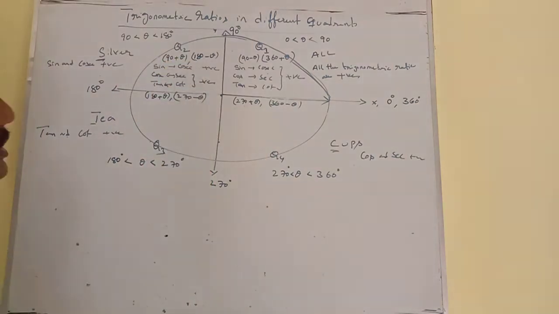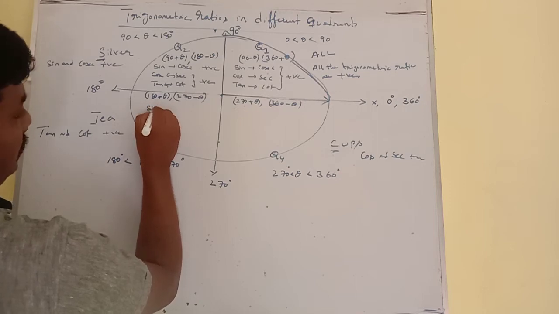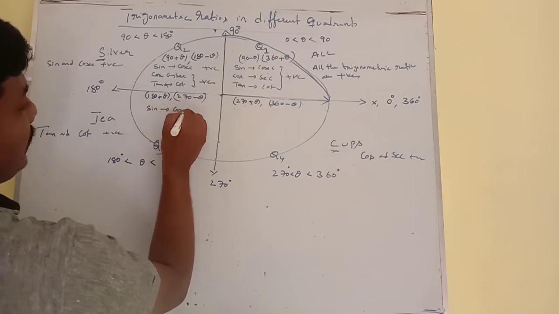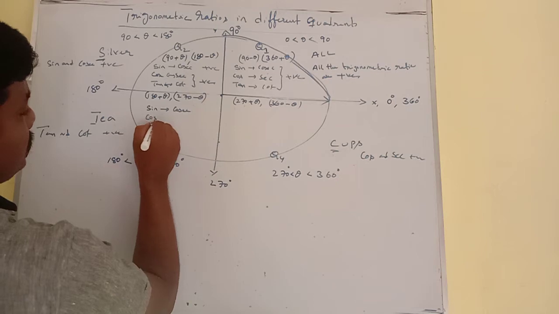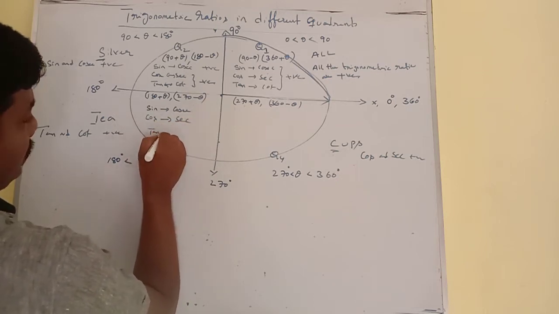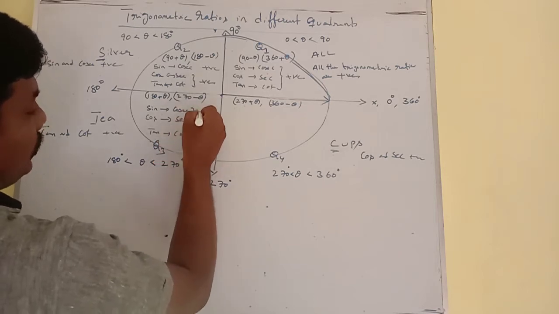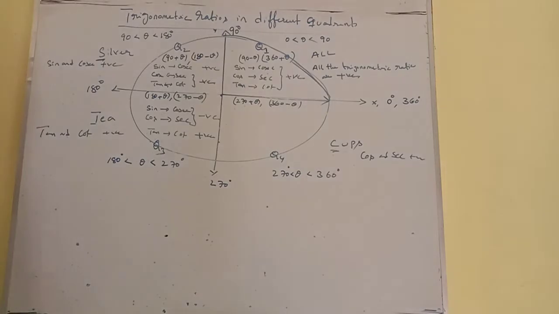Only sine and cosecant is positive. Then coming to here: sine, cosec, cos, sec, tan and cot. So here only tan and cot are positive. The remaining two ratios are negative.